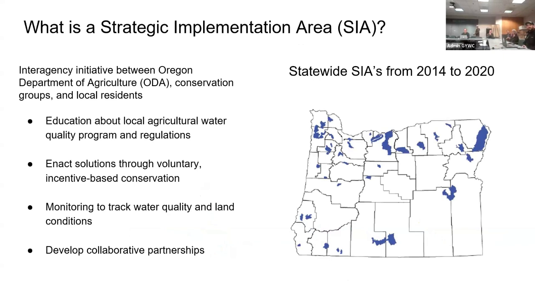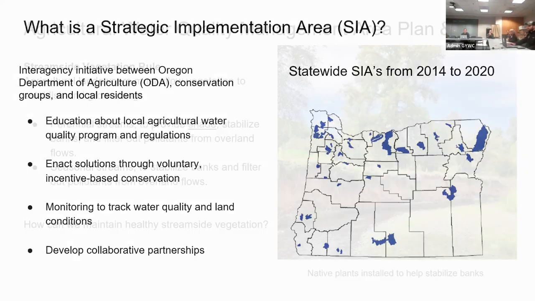So a big part of it is educating people about the local water quality program and regulations, offering incentive-based conservation programs, either through us, the SWCD, or the NRCS, or other stakeholders to engage landowners in doing conservation. A big part of it is monitoring to track those water quality trends and also developing these collaborative partnerships.